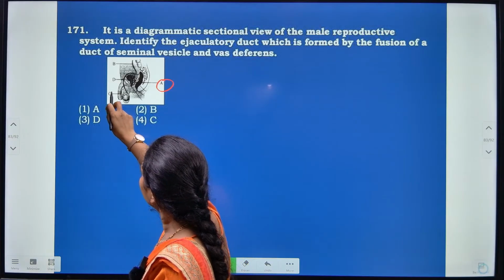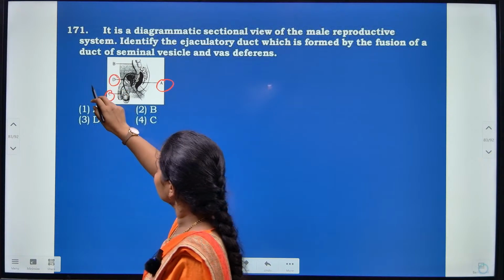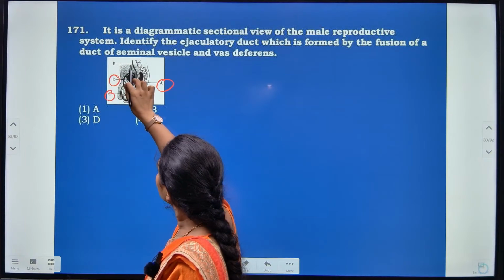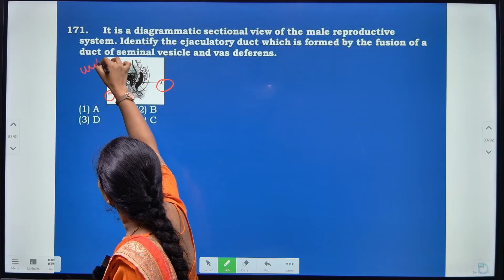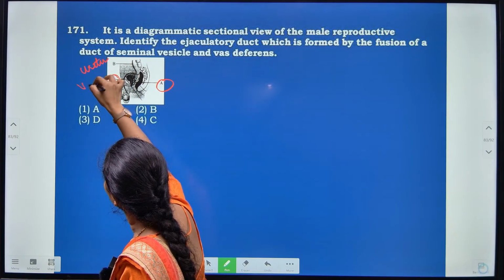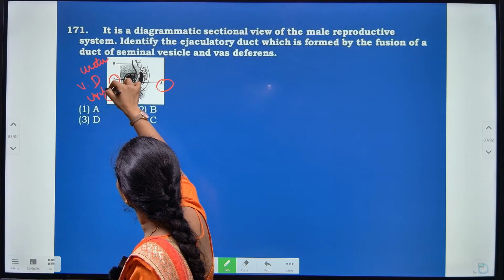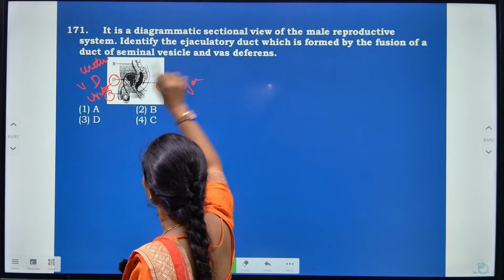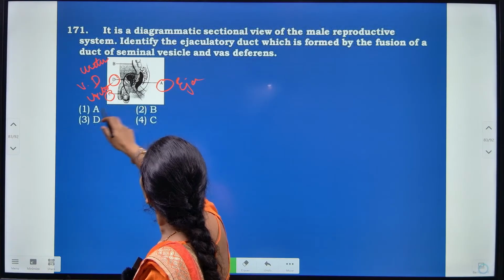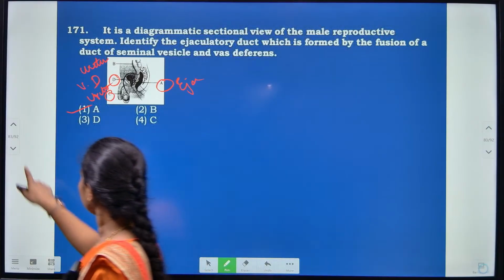Then C is going to be the urethra, D is going to be the vas deferens, and B is going to be the ureter. So A is the ejaculatory duct, and option A is the right one.